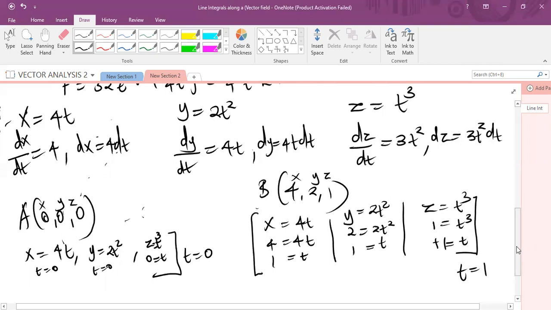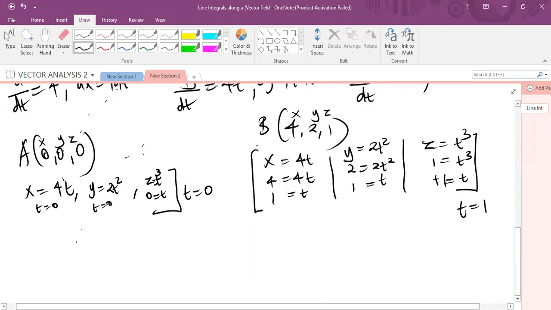Okay, let's now come and evaluate our line integral. So the line integral of the vector field is given by f dot dr, and in our case here we have integral from 0 to 1 with respect to the variable t. What is the value of our f?